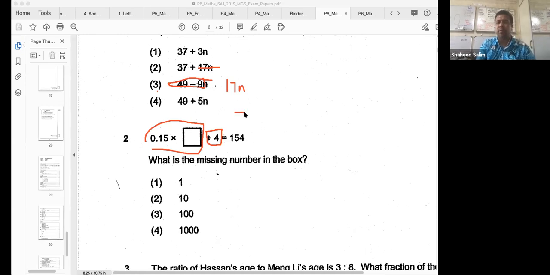Let's see if we say 2 plus 3 equals to 5. So down here 2 plus 3 equals 5. Down here, 5 minus 3 is 2 lah. So 154 minus 4. This one down here is 150. So 0.15 times what? If you times 1,000, you get 150. So answer for number 2 is 4.